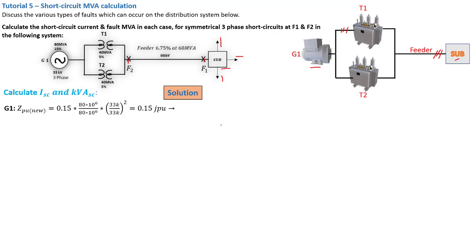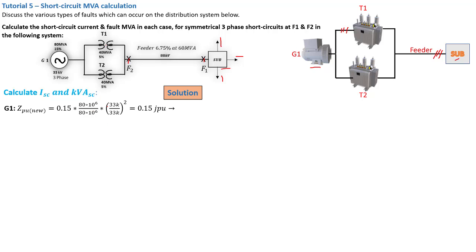So moving on, for generator 1, we have Z per unit old, that is 0.15, and we've now selected the base MVA to be 80 MVA. Now that is very crucial.